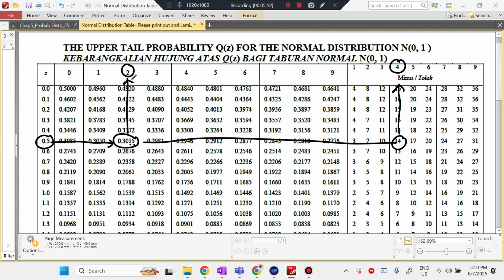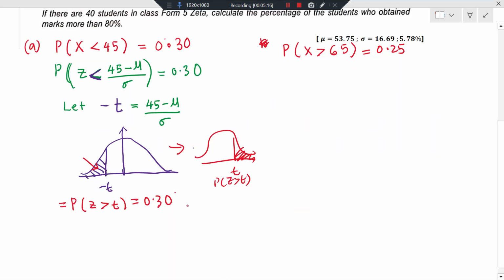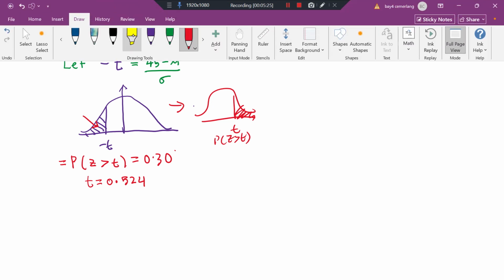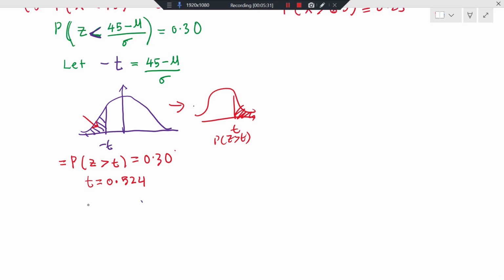So 0.524. Okay, so T should be 0.524. And what is next? Substitute inside your equation.